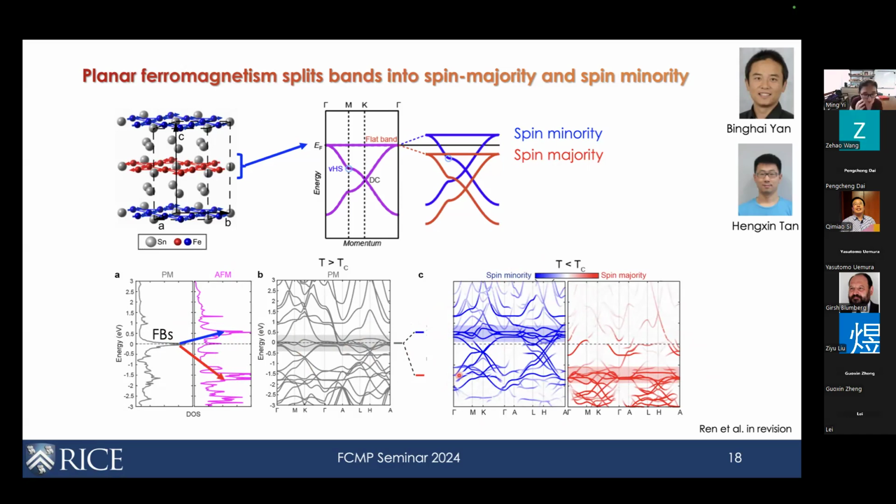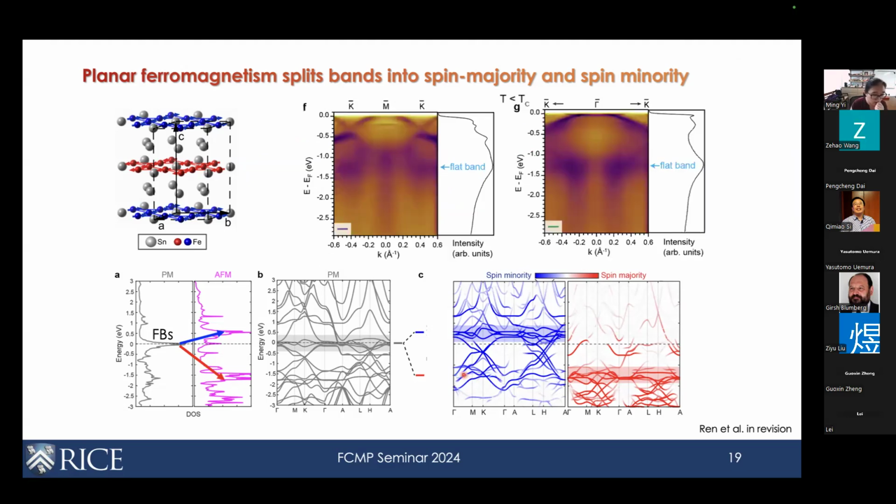Okay, so therefore we can utilize this picture and track as a function of temperature the evolution of these bands through the ordering temperature to get a sense of how local or how itinerant the system is. To make a long story short, we can first look at the band dispersions measured along high symmetry directions.